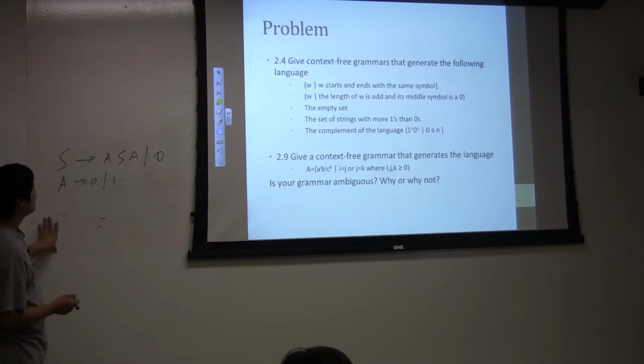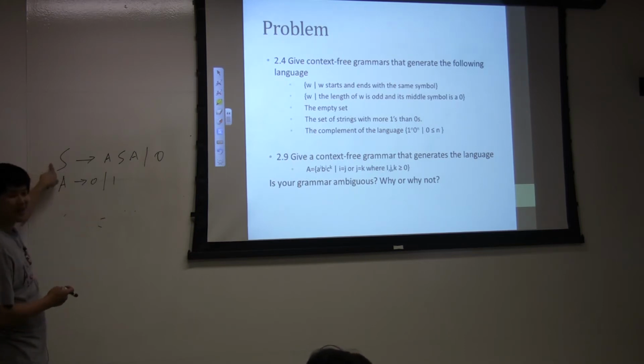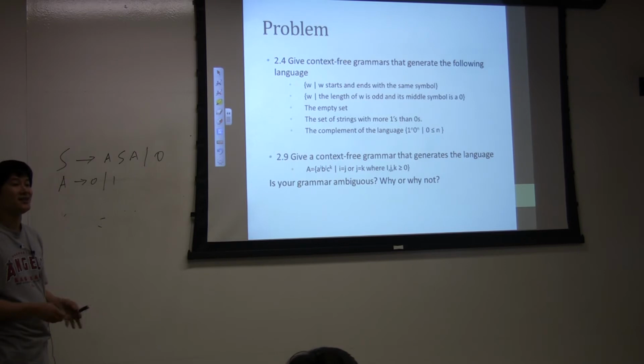So in a context-free grammar, you define the alphabet, you define the start state. If there's no rule for the start state, then basically it does not generate anything. So first you tell me what the start state is, and you say explicitly there's no rule for it. Then it does not generate anything.